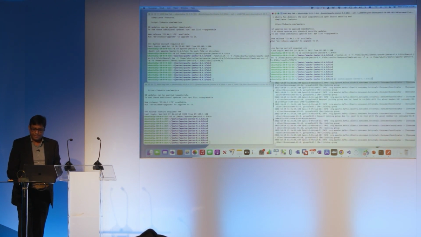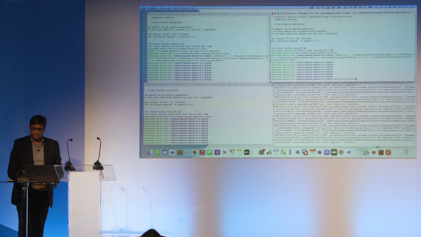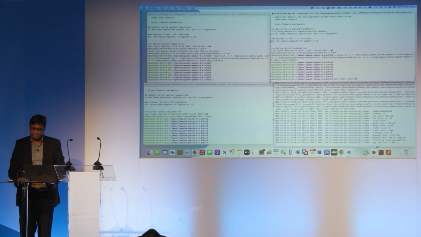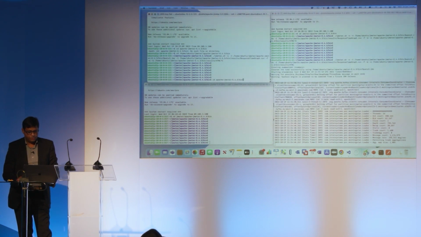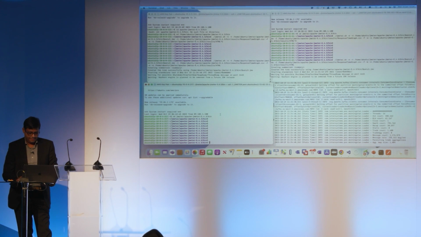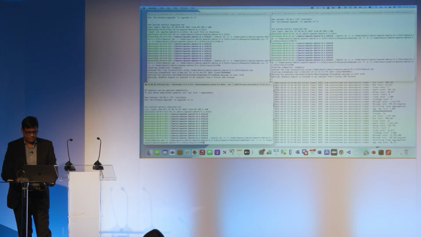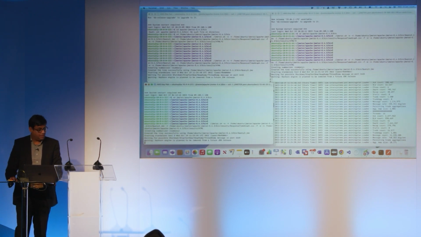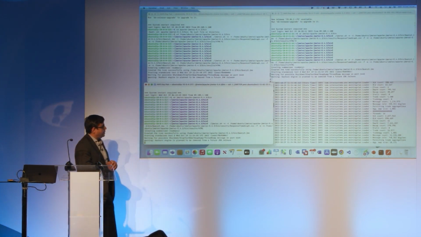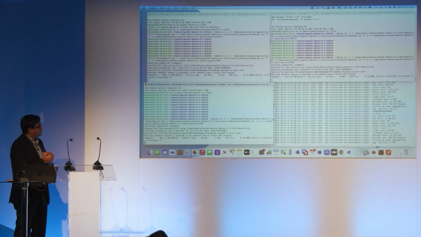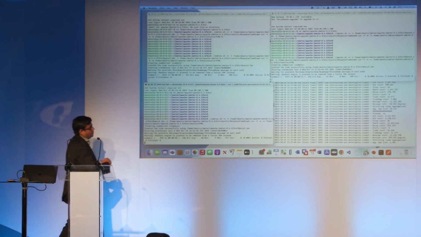So this is when I'm starting the ingestion, and this is when I'm starting the JMeter nodes, which are actually querying the data.